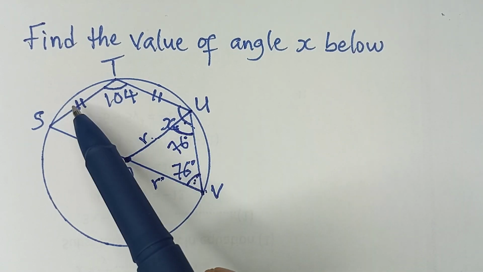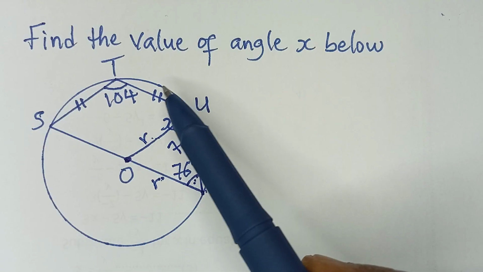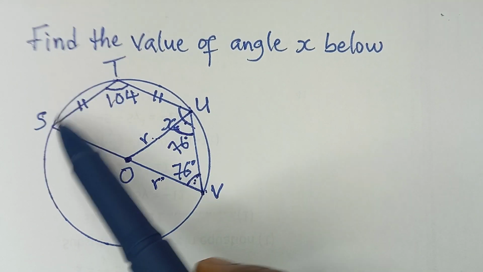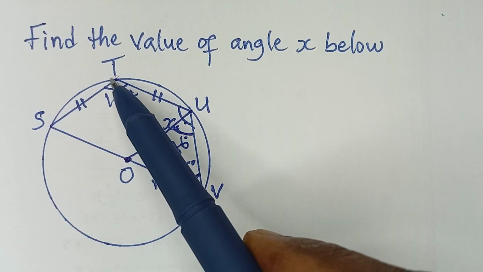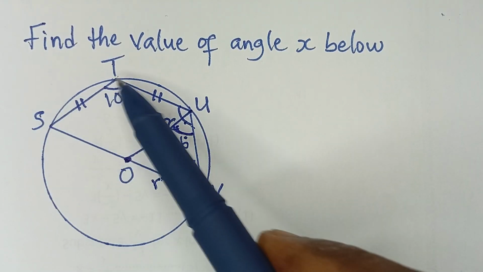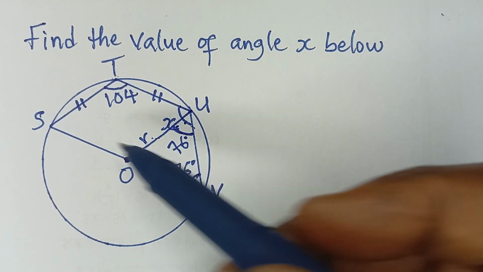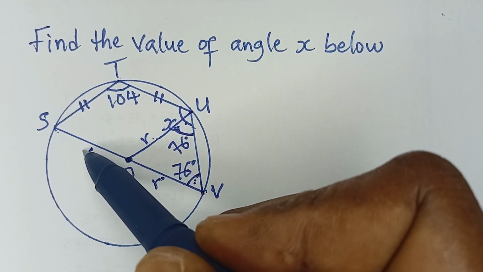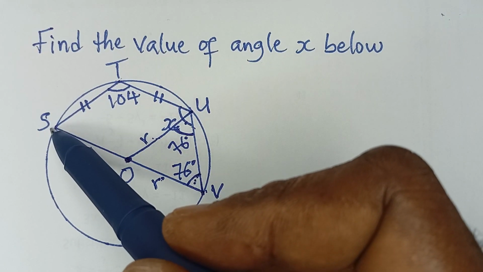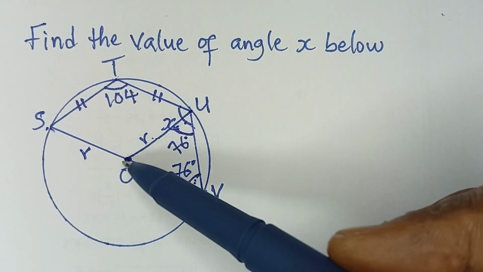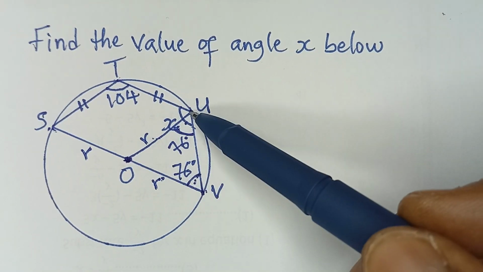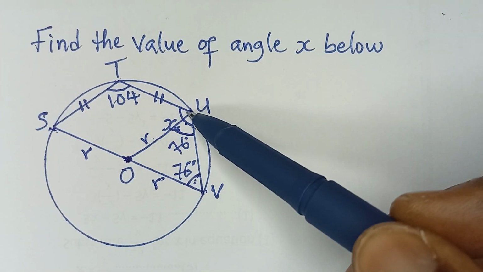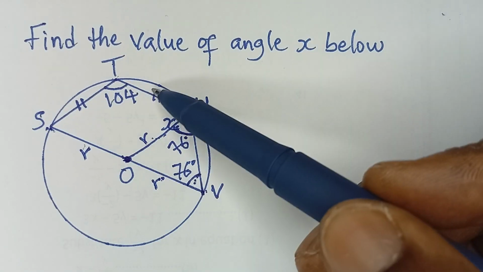Now, coming back to this shape, if you look at this, we have these two lines are equal, this line and this line. Because of the mark that we have here, it means that they are equal. So if these two lines are equal, then you also agree with me that from here to here is a radius. Center to circumference is also radius. So that means these two lines are also equal because they are radii of the circle. So this is radius and this is also radius. So these two lines are equal and these two lines are equal.